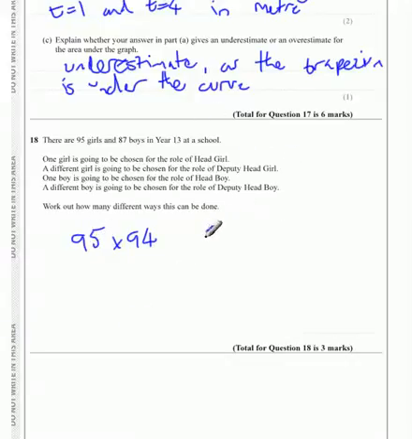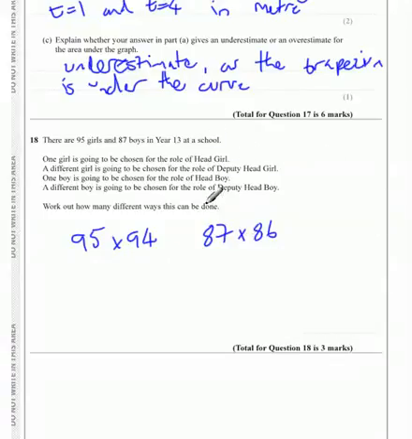For the boys, we've got 87 boys, and then there's going to be 86 choices for deputy once we've chosen the head boy. So multiplying both of these out is going to give us the combinations for head girl and deputy head girl, and then head boy and deputy head boy.